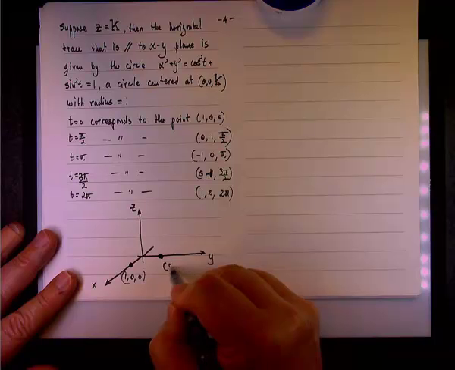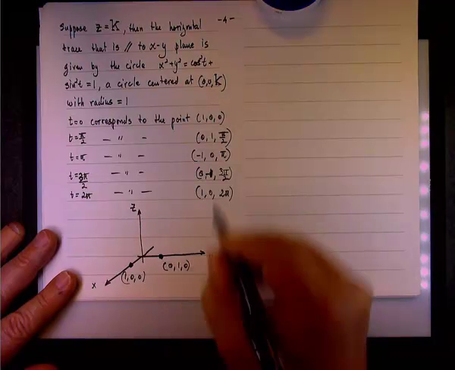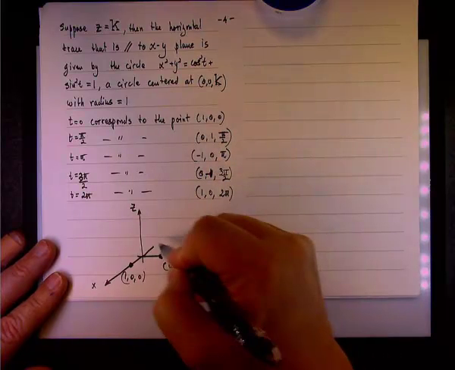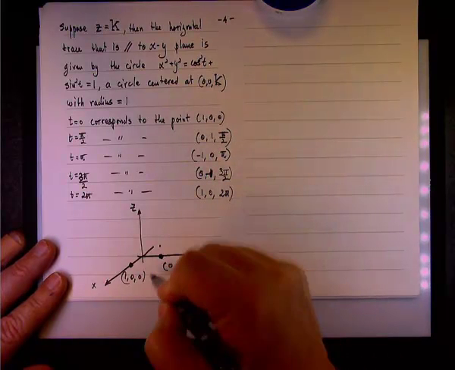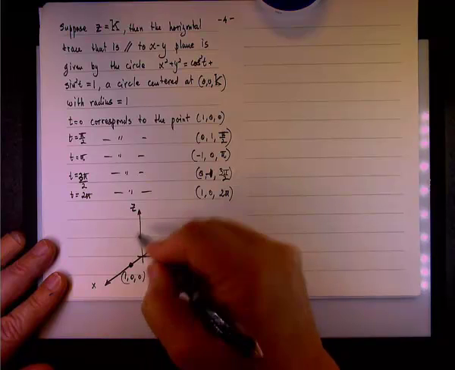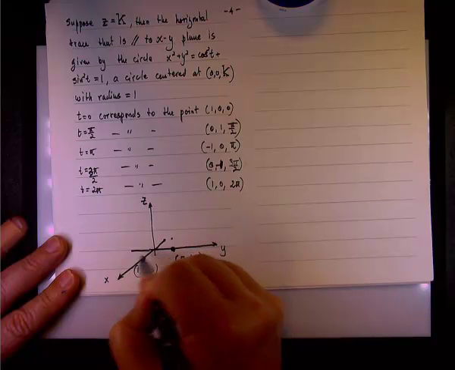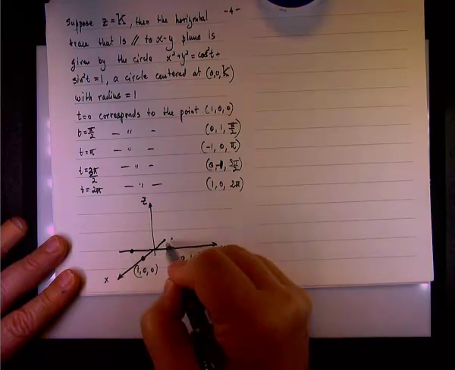There is another point right here, but we're never going to be on it because we're going to climb up. But this point right here, just for reference, will be 0, 1, 0. But notice that will actually be 0, 1, pi over 2. So we're going to be higher. We're going to be right there.